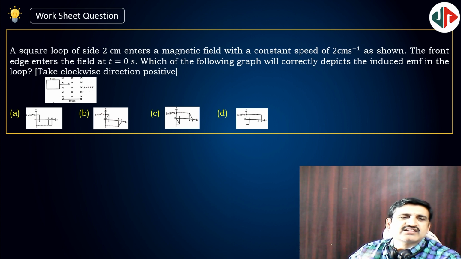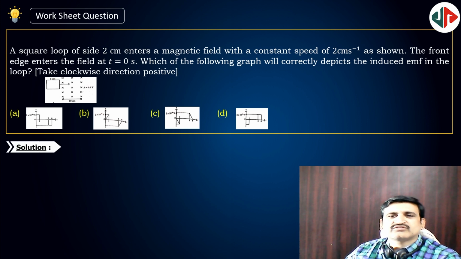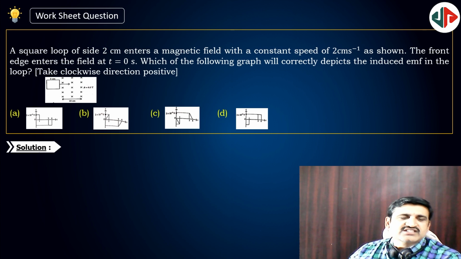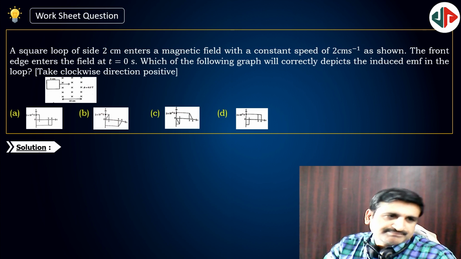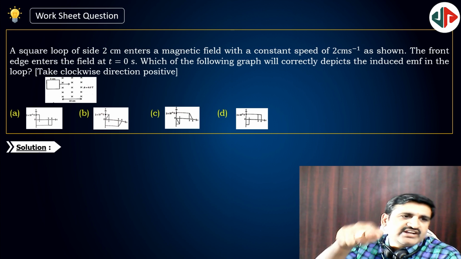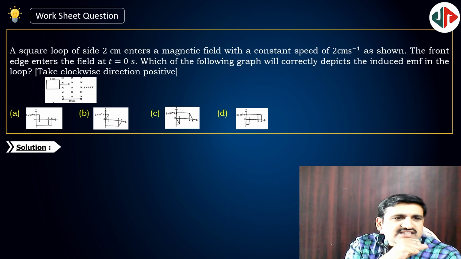Once the second rod also enters, it will become 0, and when the first rod leaves, then automatically negative will come, until the last one comes out. Clockwise direction, anti-clockwise direction. Field moving like this, upward current. Upward current means anti-clockwise. They said take clockwise direction as positive, so first negative and then positive. So the fourth option will come then.